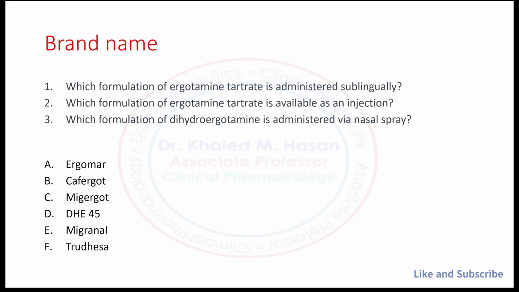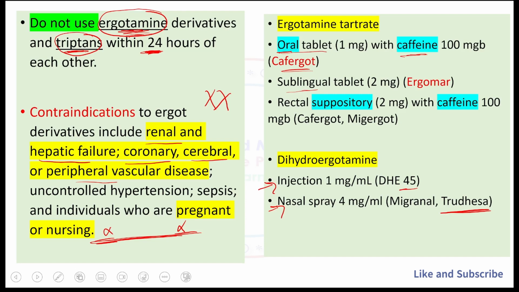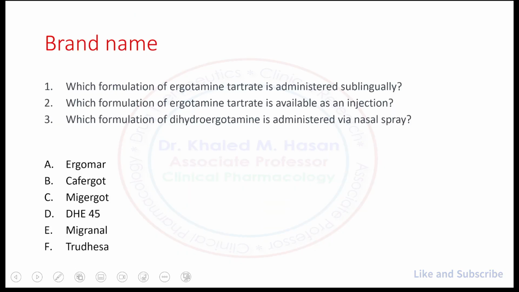Ergotamine tartrate is administered sublingual, ergotamine tartrate available injection, dihydroergotamine available like nasal spray. You can see, if you go back to the slide, you can figure out which one will be maybe the appropriate answer for each case 1, 2, 3 from the Ergomar, Cafergot, and so on.